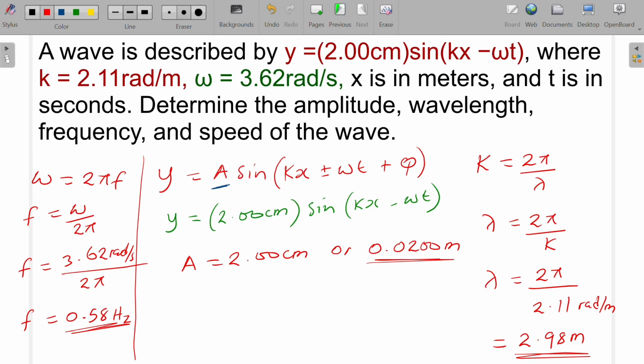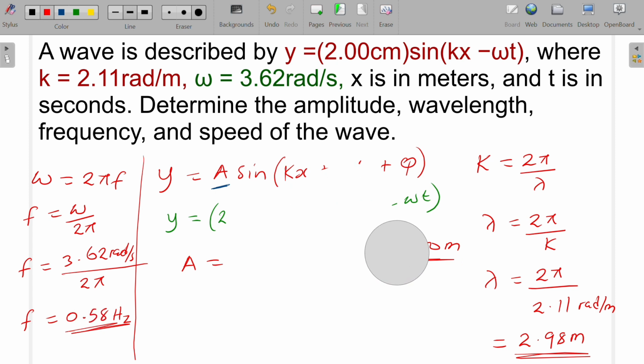All right, so we have determined our wavelength and our frequency. The next part is we need to find the speed of the wave. Which formula is going to help us find the speed of the wave?